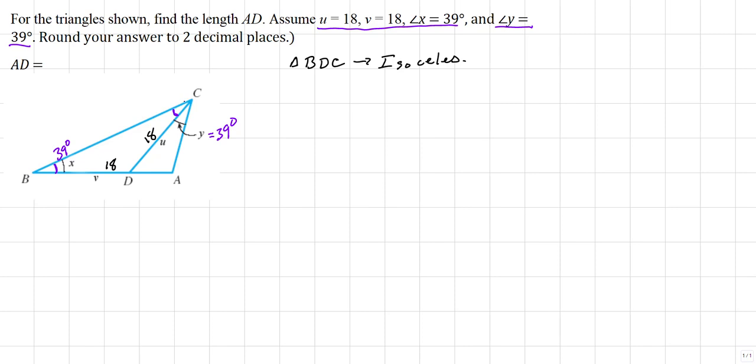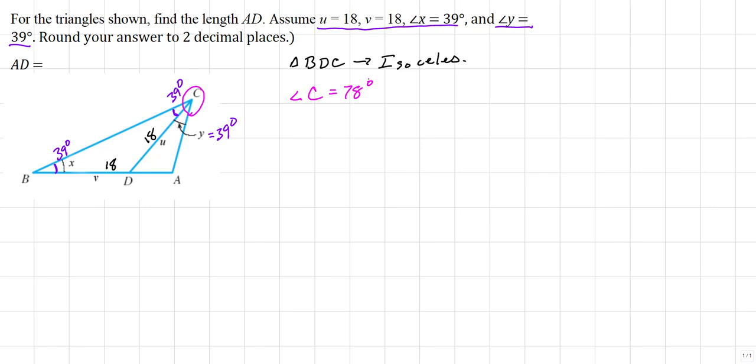And then we know that this angle right here, DCB, is also 39 degrees, which means that this entire angle C is going to be equal to 78 degrees. So we can write this as angle C equals 78 degrees.